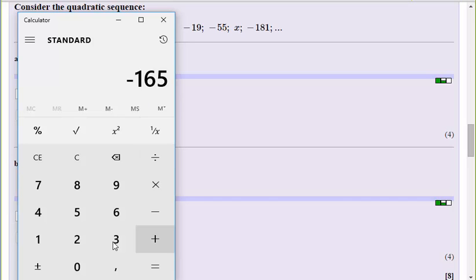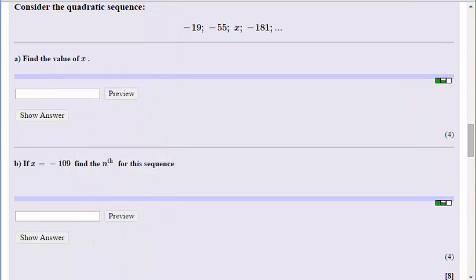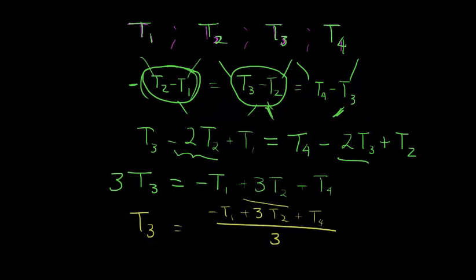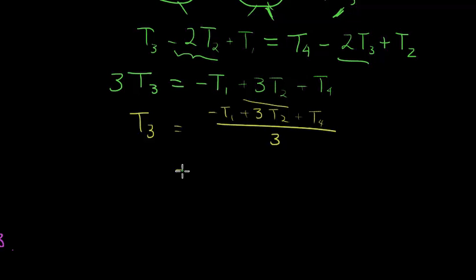It's just this stupid calculator. Plus my 181 with a negative, plus my 19, divided by 3. It's negative 109. Is that also what you got? Cool. So term 3 is negative 109.